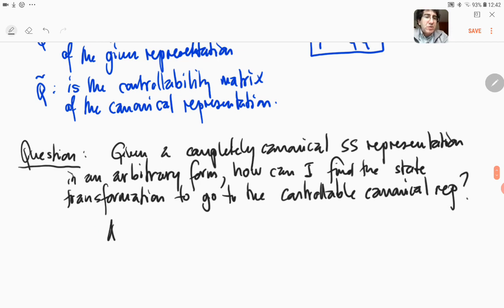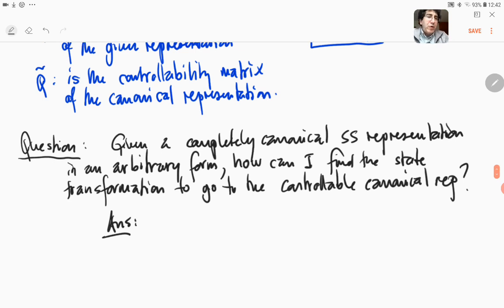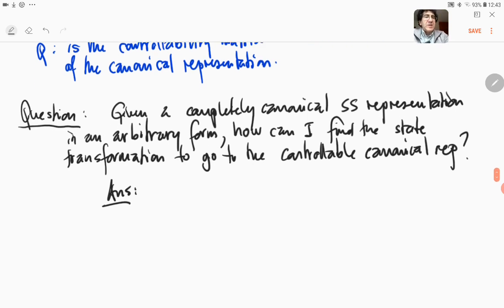Okay, and the answer to that is that from the given state space representation, you first find the transfer function.